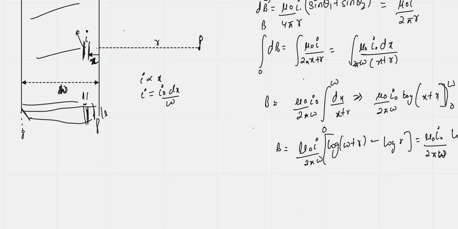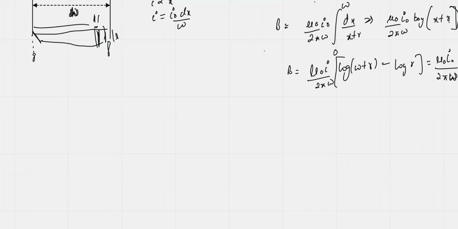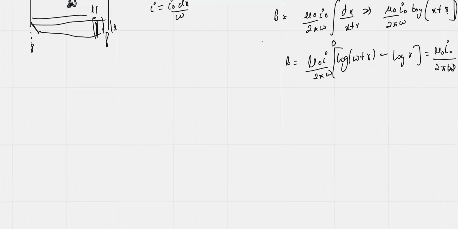So let's go and look at the new option. Another problem which will give you a derivation, basically a formula for the magnetic field due to a circle, which we'll derive in the future by using a different method.